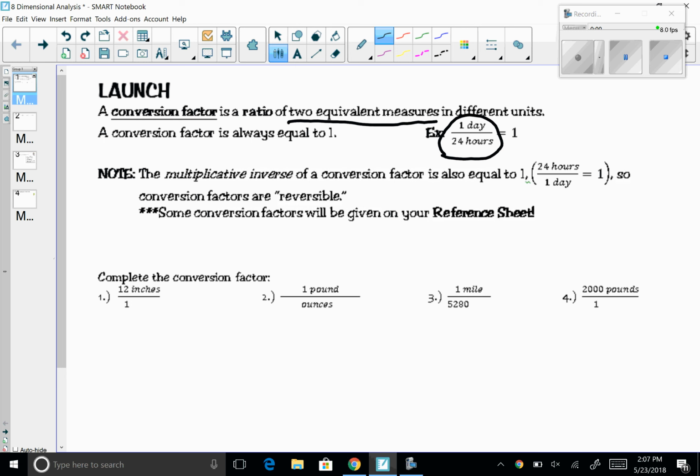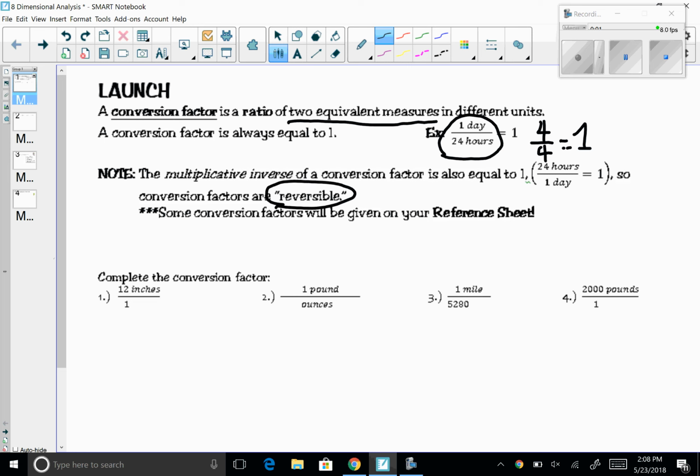And we say that this conversion factor is equal to 1 because they're both equivalent. So the same way that 4/4 would be equivalent to 1, 1 day and 24 hours are equivalent, so that is equal to 1. Also know that these are reversible.